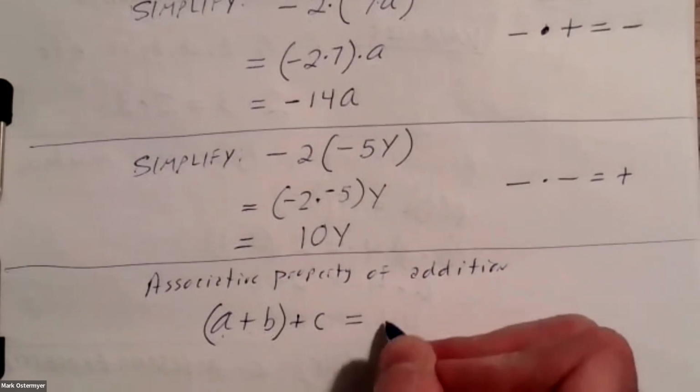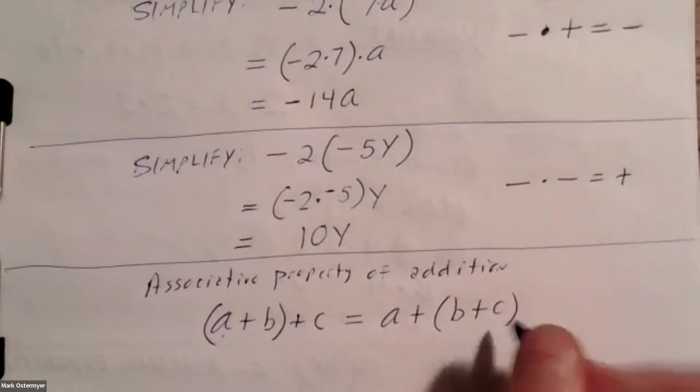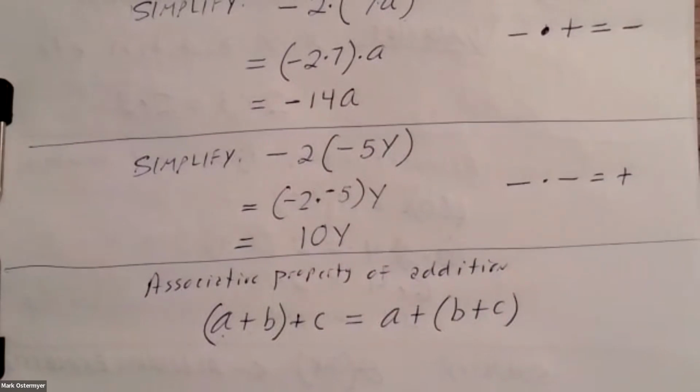Or I could shift my parentheses and I could add b and c together first and then add that sum to a. Do you think that the left would be equal to the right side? Do you think that would be the case? I don't think it would matter what order we add 3 numbers together. Do you agree? So you get the same answer, right? In all cases? Yeah. That's the associative property of addition.